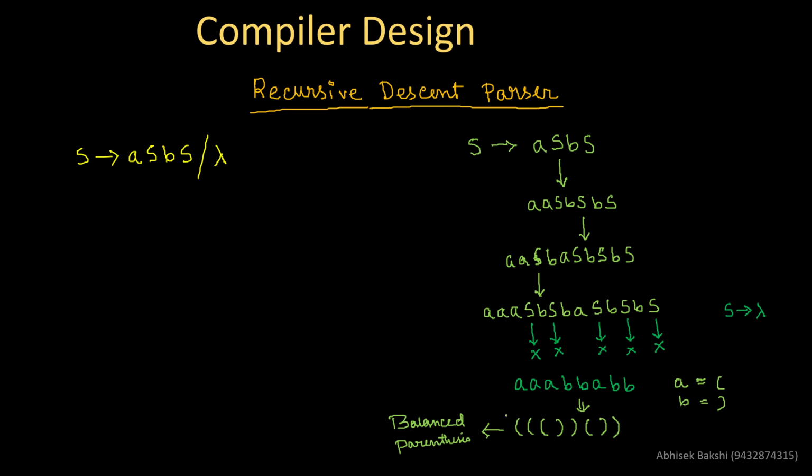Now, before we see how a recursive descent parsing algorithm works, you have to remember two things. In any grammar, we have two things. Number one is what we call terminal, and number two is what we call non-terminal, right?